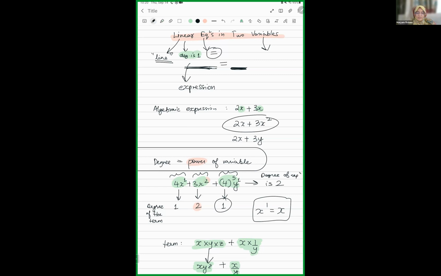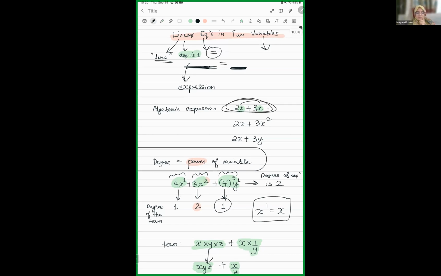This is in one variable, but it's not linear. Sorry, the first expression is linear and in one variable; this second one is in one variable, but not linear.